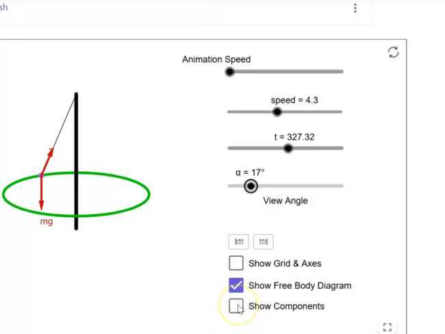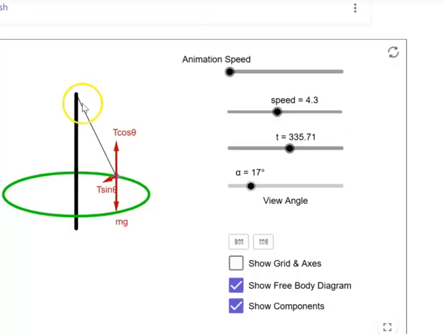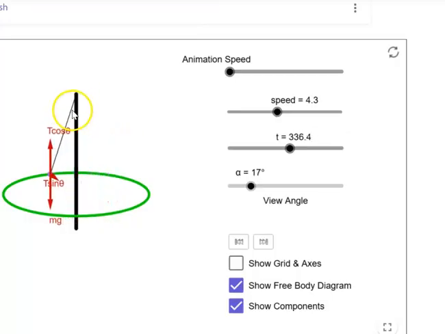You can see actually if we break the tension down into two separate parts, we've got the tension broken down into a vertical component, which, if it's going to be a horizontal motion, is going to be equal to the weight, and then the force acting towards the center, annotated here as T sine theta. Theta, by the way, is the angle at the top. It's the angle that the string creates with the vertical.